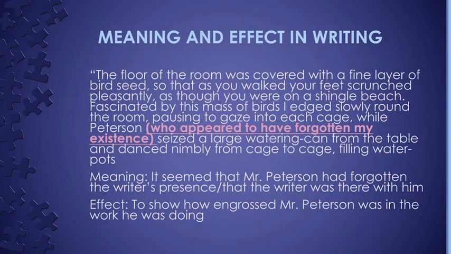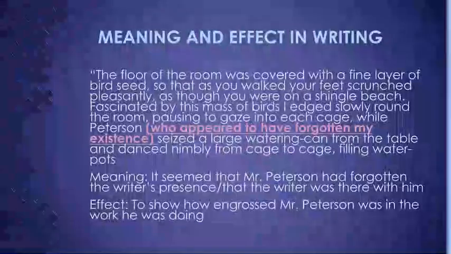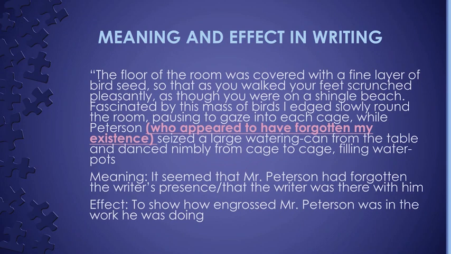Just think children, if we were to have a meaning and effect question using this paragraph, here we have how the author is neglected by Mr. Peterson, whom he is visiting, when they visit Mr. Peterson's aviary. This is because Mr. Peterson loves his birds, and as soon as he goes there, he forgets all about the author.